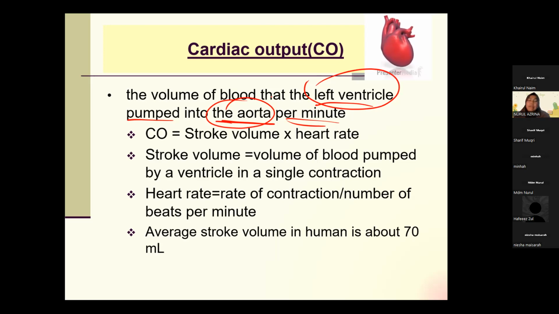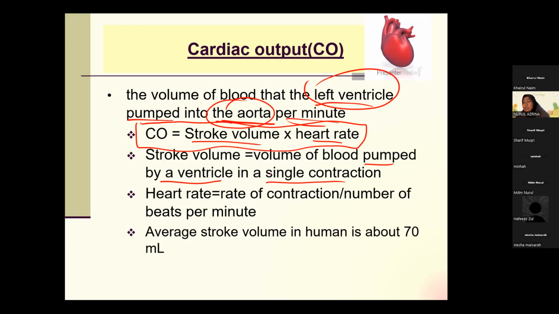And cardiac output is given as stroke volume times heart rate. So you have to hafal this formula. Cardiac output is given as stroke volume times heart rate. What is stroke volume? Stroke volume is the volume of blood pumped by a ventricle in a single contraction. So sekali ventricle contract, what is the volume of the blood? That is stroke volume, and times heart rate, then you can get cardiac output.